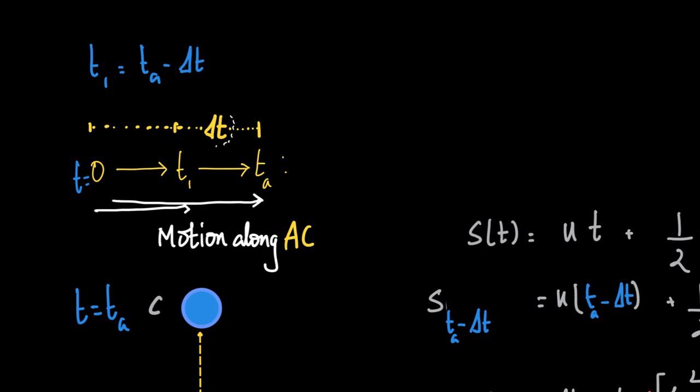So if you consider this portion after t1 to TA as delta t, then we can say that t1 is the complete TA minus this delta t. Hope that makes sense. The time to reach position 1 is the complete time taken to ascend minus this delta t.